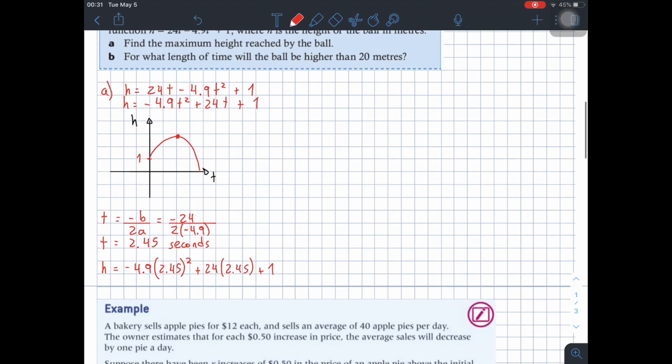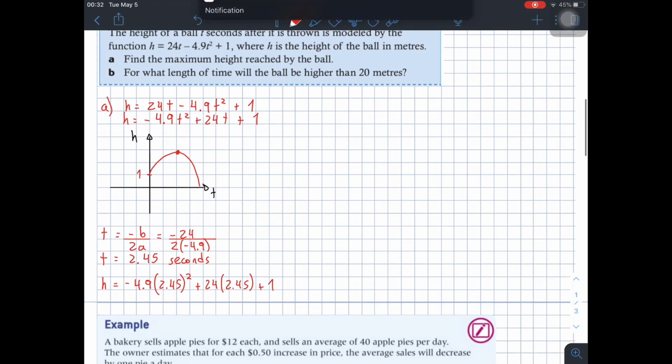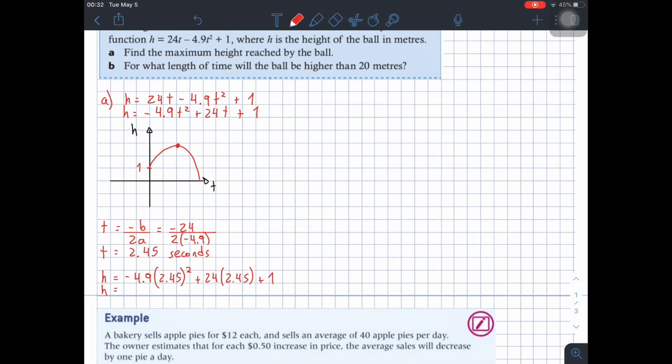So then we can obtain the value of h, the height, which would be, let me do that, negative 4.9 times 2.45 squared plus 24 times 2.45 plus 1. This gives us 30.4 meters.